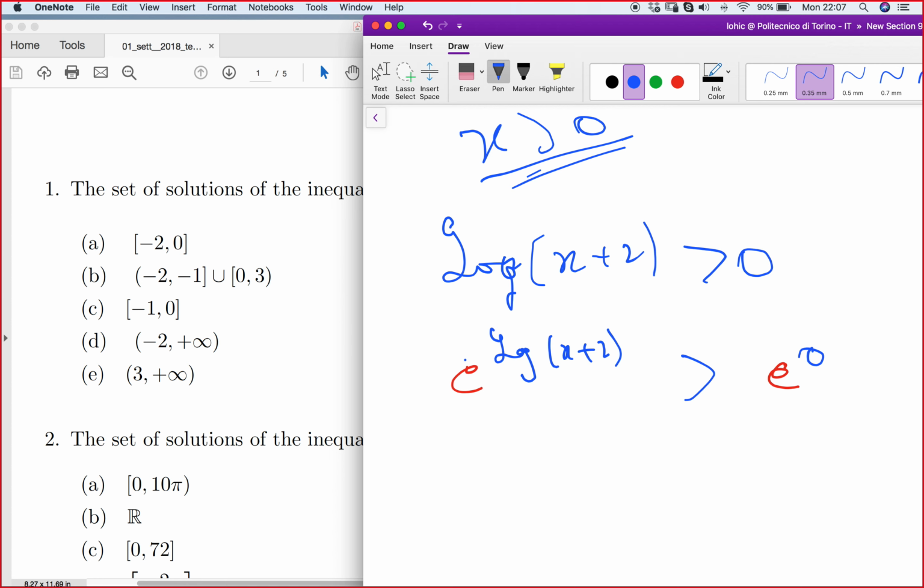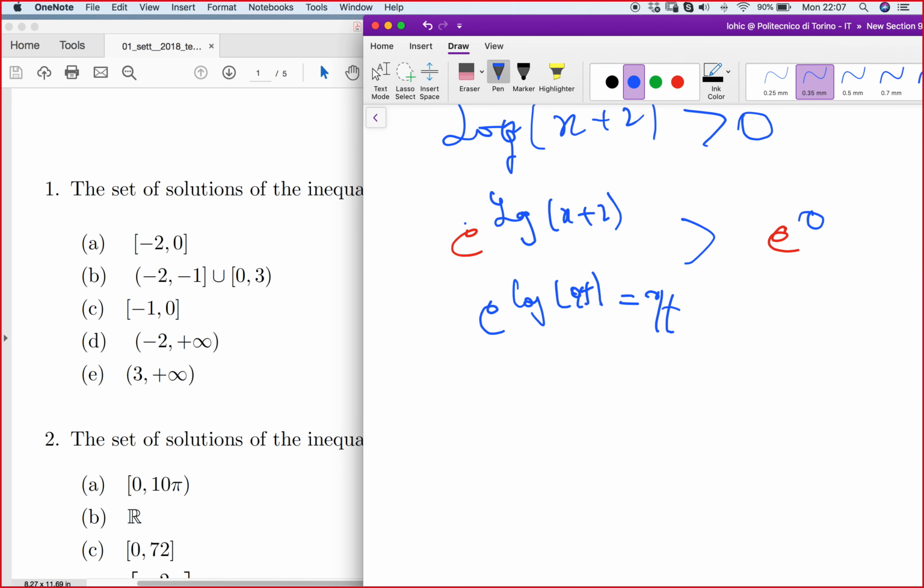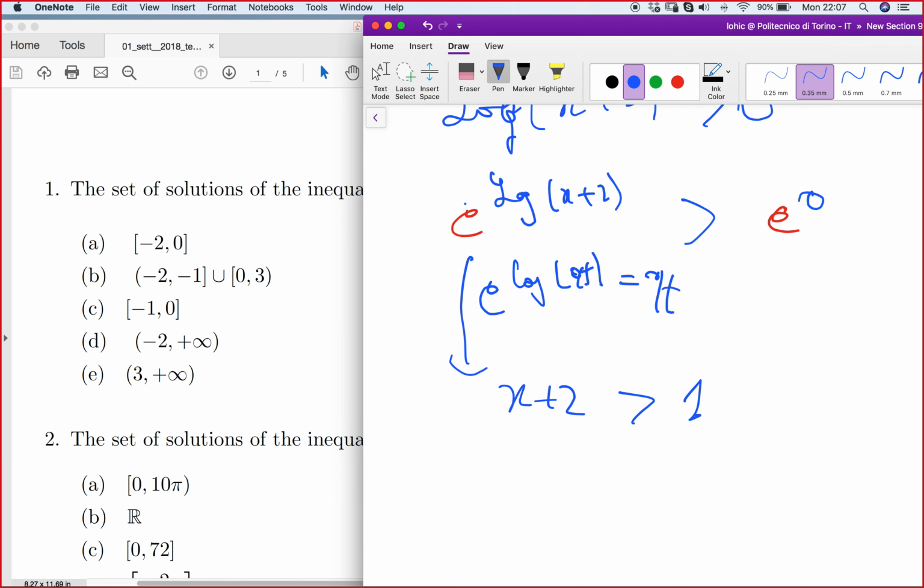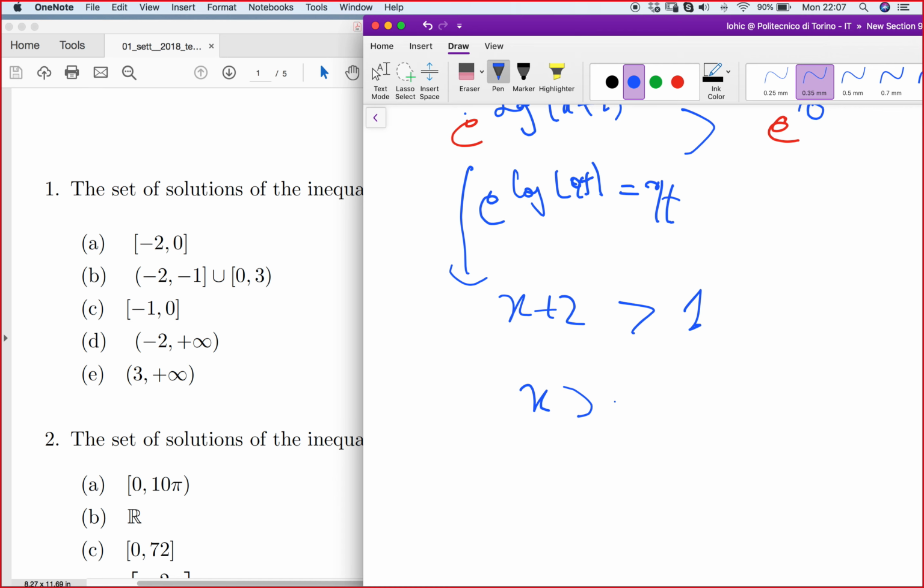Then what is exponential of the logarithm of a quantity? When you do exponential of the logarithm of any quantity, you get the same quantity. So this will be exactly x plus 2, right? That should be greater than exponential of 0, which is 1. Okay? So we get that x should be greater than minus 1.